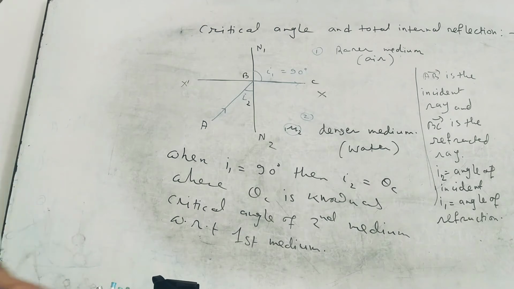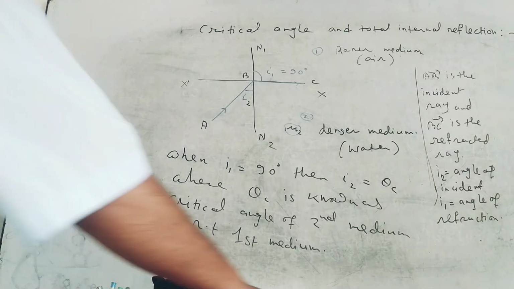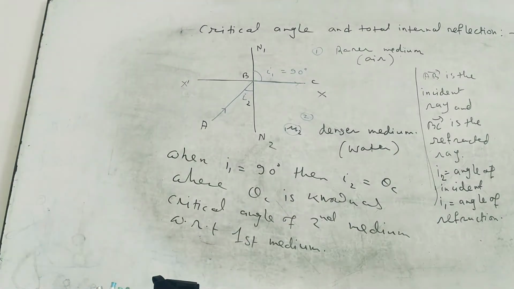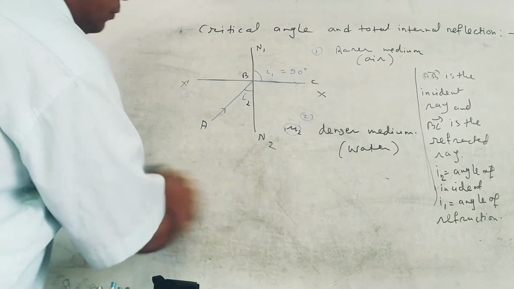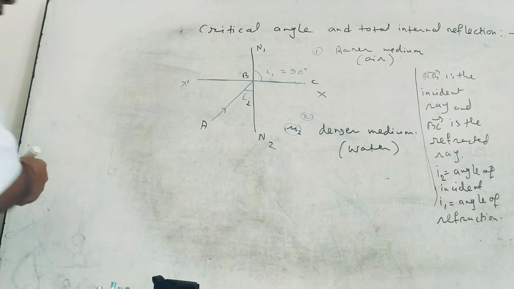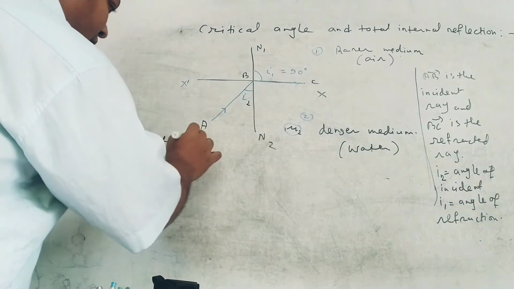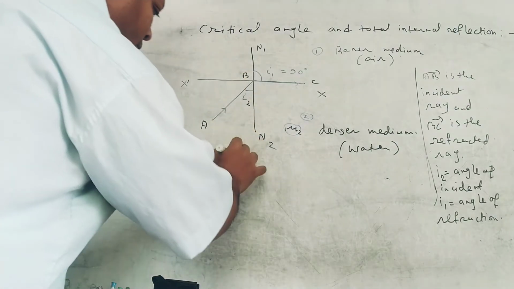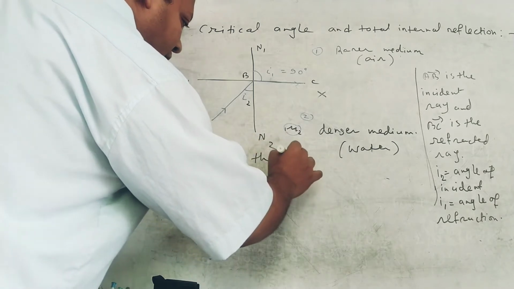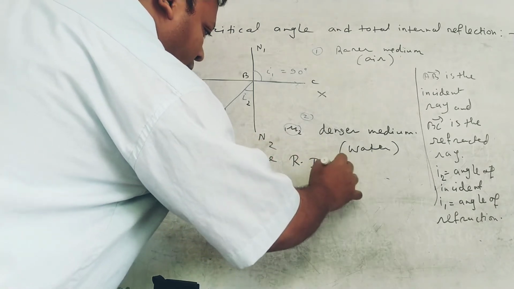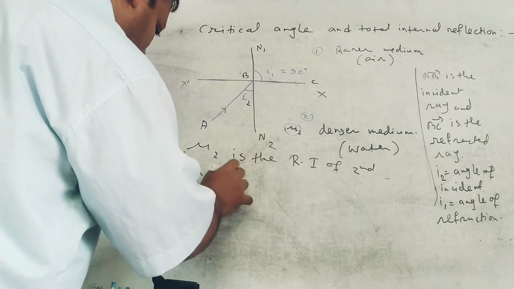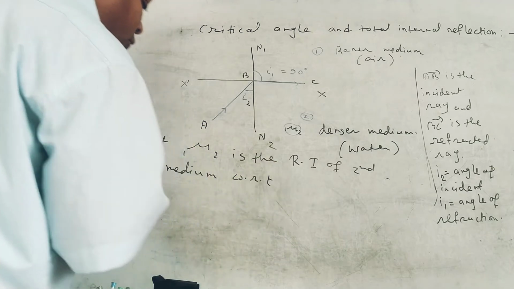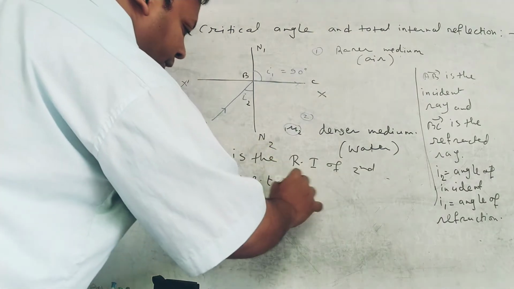Now we are going to establish the relation between the critical angle and the refractive index of the two media. Let mu12 be the refractive index of the second medium or denser medium with respect to the first medium or rarer medium.